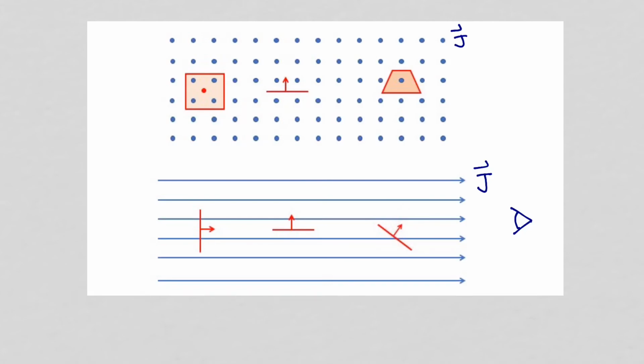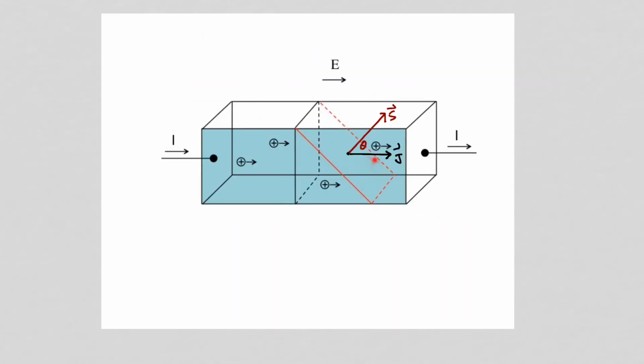If our plane of observation is making an angle theta with the current density, to find the current flowing through this plane, we need to find the area of this surface right here. This surface is the projection or shadow of this surface such that the outward normal of this surface is in the direction of the current density.